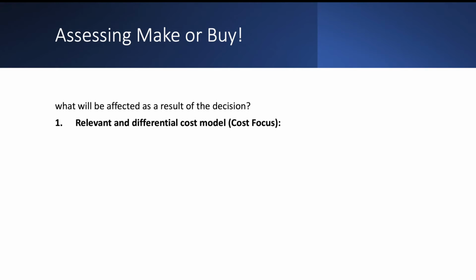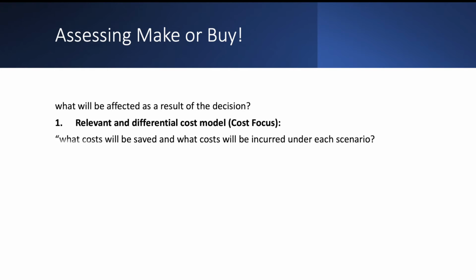What cost will be saved and what costs will be incurred under each scenario. If I am pursuing any activity in the chain, let's suppose procurement, what cost will be saved and what cost will be incurred under each scenario. It might be a relevant cost, it might be a differential cost.